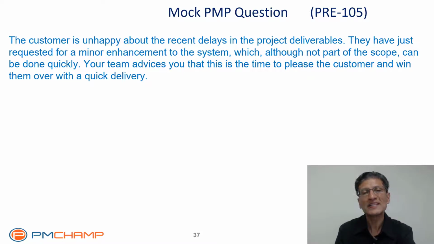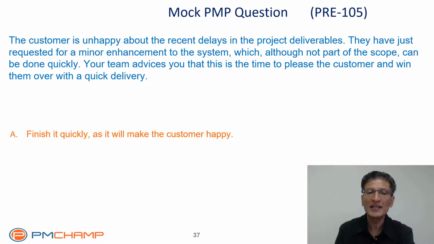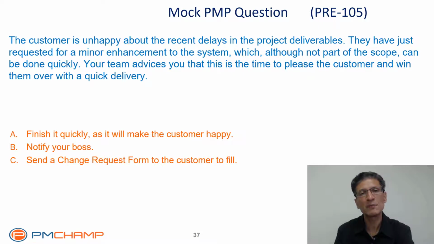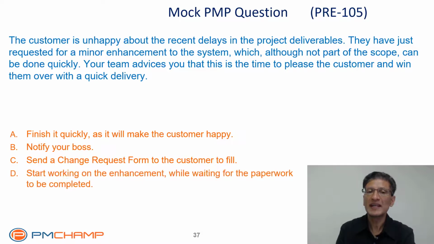So what is the best thing to do in this situation? A. Finish it quickly as it will make the customer happy. B. Notify your boss. C. Send a change request form to the customer to fill. Or D. Start working on the enhancement while waiting for the paperwork to be completed.